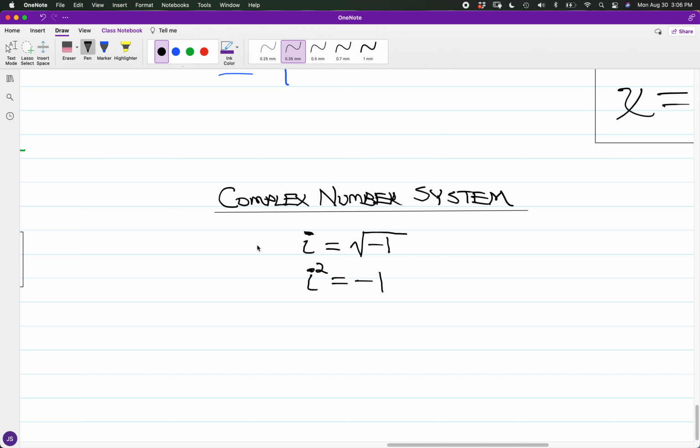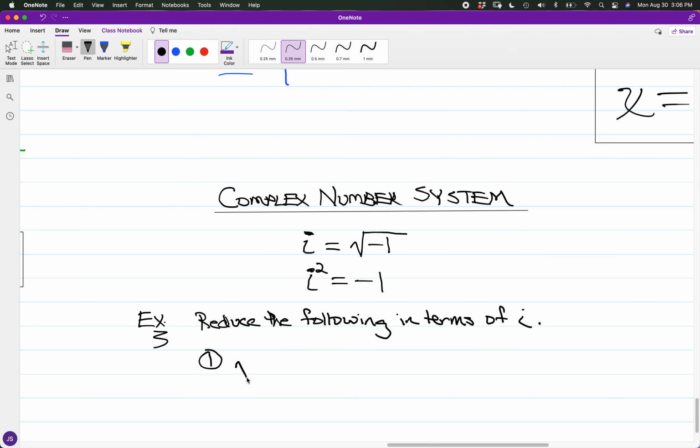So how am I going to work with I? Well, as introductory cases, if I were to reduce the following in terms of I, we'll start out with something fairly user-friendly.